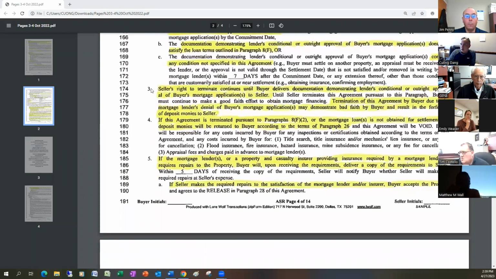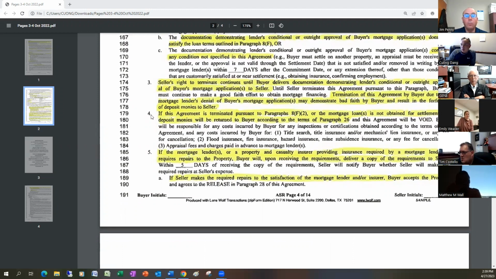All right, so 3 talks about the seller's right to terminate and the fact that the buyer still has to make a good faith effort and can't just terminate. Okay. 4, if this agreement is terminated pursuant to paragraph 8F2. Okay, so let me rephrase this. If this agreement is terminated by the seller, because paragraph 8F2 allows the seller to terminate.